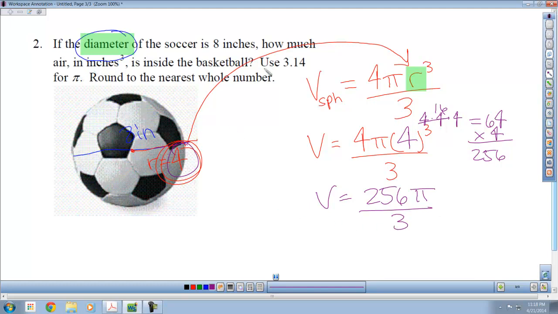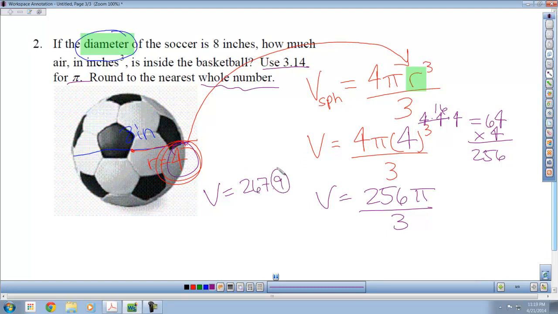And they want us to use 3.14 for pi. So you would just do 256 times pi, divided by 3 on your calculator, and you would round it off to the nearest whole number. If you type this in on your calculator, 256 times 3.14, and then divide it by 3, you end up with 267.9.